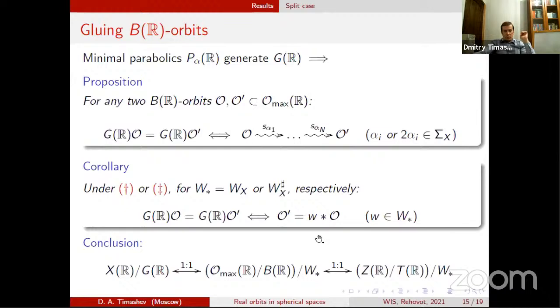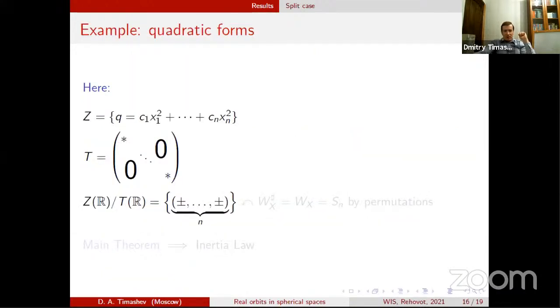Finally, we came to the end of the sketch of the proof of the main theorem. And let me finish my talk with an illustrative example, which I use throughout.